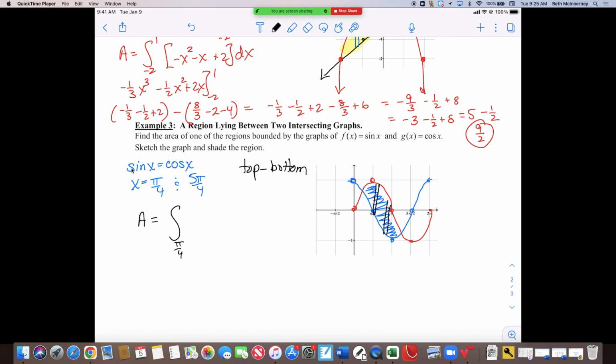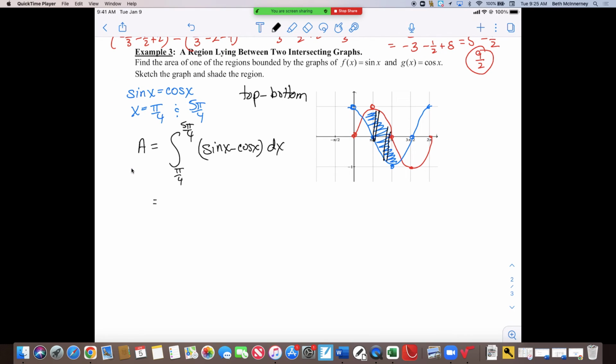So I set up the integral pi over 4 to 5 pi over 4, then which trig function's on the top the entire time in this region? Sine. So then you're going to go sine x minus cosine x dx. Then you're going to integrate, that's negative cosine x minus sine x from pi over 4 to 5 pi over 4.